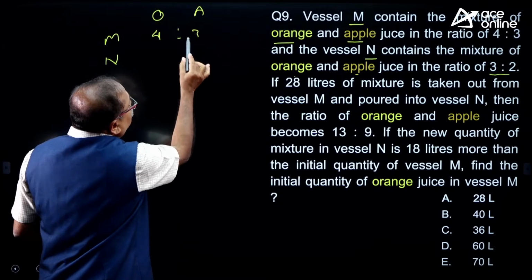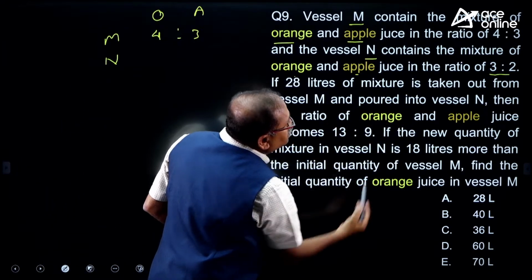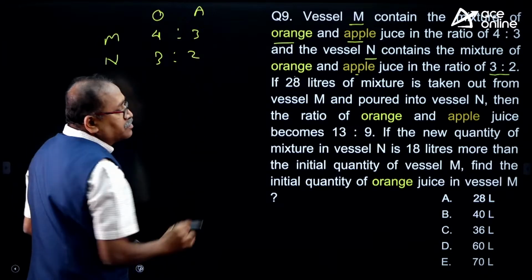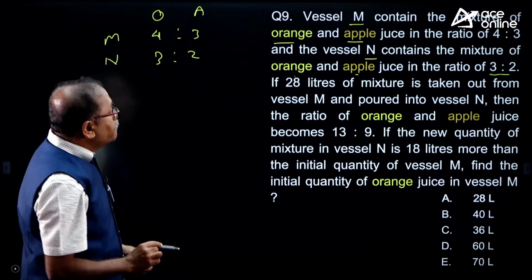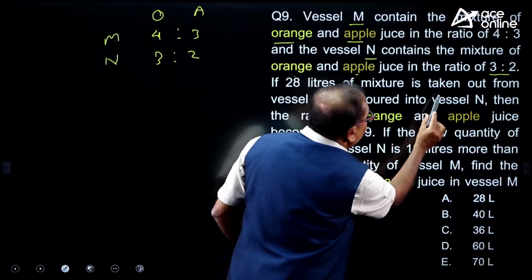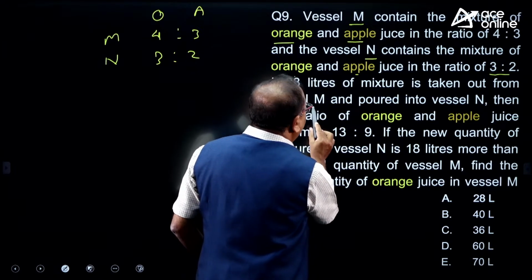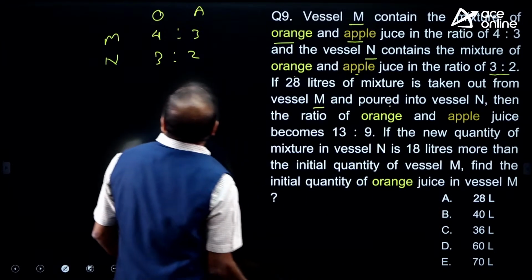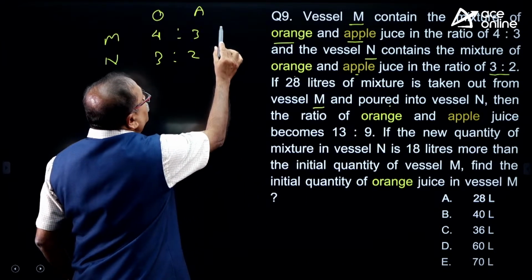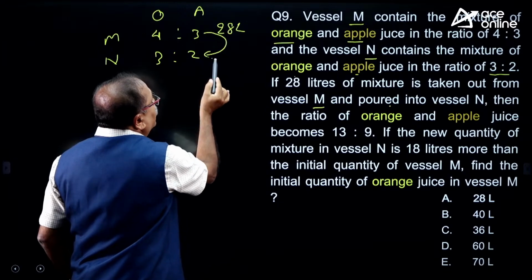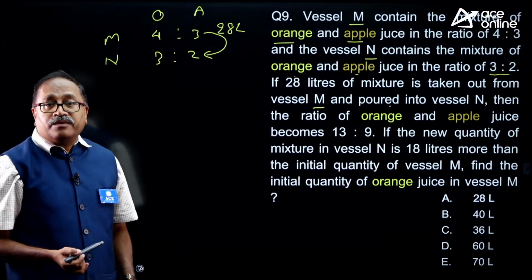I am just collecting the information, and here it is 3:2. Done. Next it says, if 28 liters of mixture is taken out from M and poured into N. So 28 liters of mixture is taken out here and added to N.